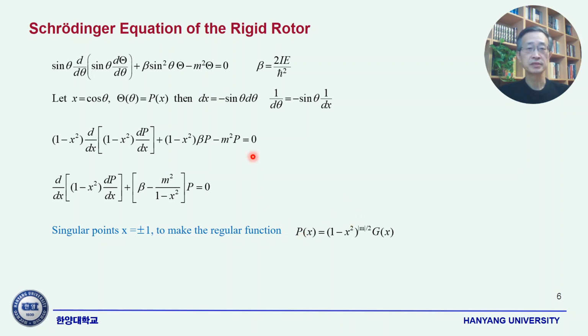P(x), in this case, is just the replacement of the independent variable. But now we transform P(x) into this form, 1 minus x squared to the m over 2 power times G(x). G(x) is a function of cosine theta, of course. Okay, x is the cosine theta in this case.